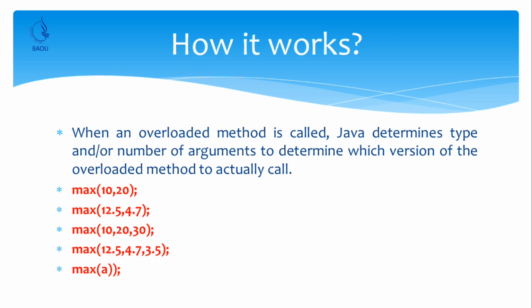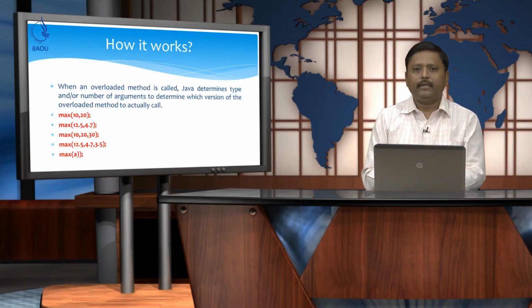In the third case, the 3 long parameters definition is executed, and in the fourth case the 3 double parameters definition will be executed. In the last case, if we assume that A is an array of type double, then that definition will execute. So, this is how method overloading works.